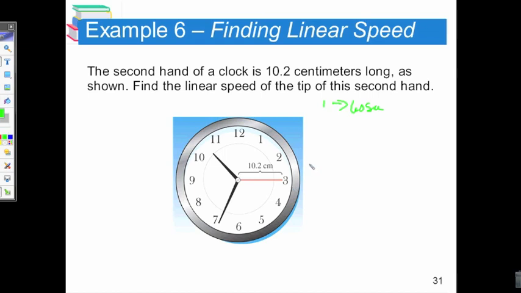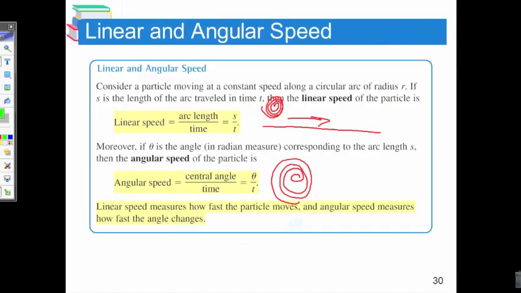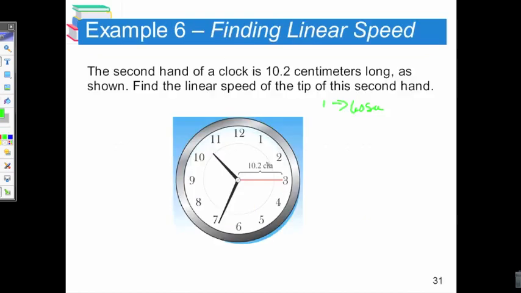So what do I need? I need this idea, if I flip back, where linear speed is supposed to be the arc length over time. So it's basically how fast it's going on this arc, how quickly it's moving on this arc. I don't know the arc length, so I need to figure out what the arc length is.